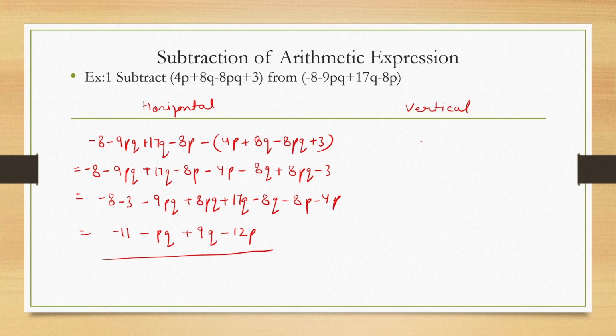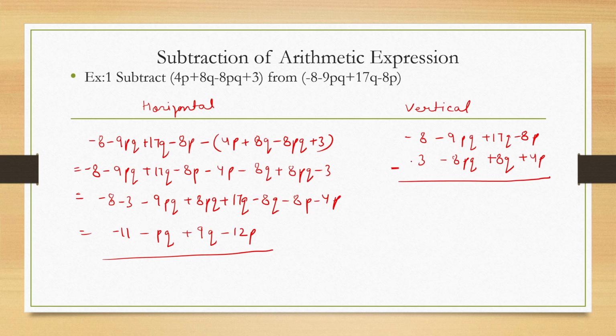Now I will do it in the vertical method: minus 8 minus 9pq plus 17q minus 8p. I will bring the like terms together. So 3 will come here, minus 8pq will come here, plus 8q will come here, and plus 4p will come here. So in subtraction the signs change. I will do subtraction here.